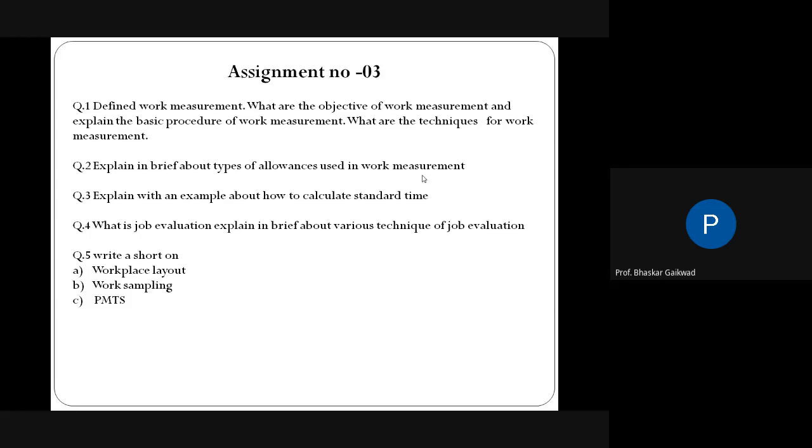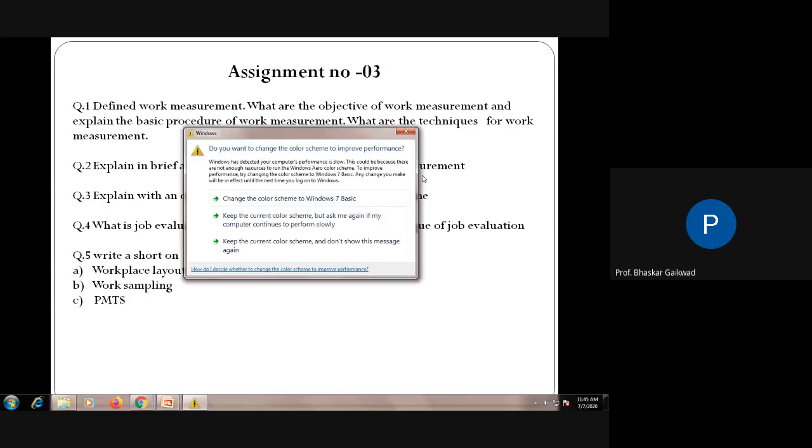Explain with examples how to calculate standard time. So you can take any job, for example, a job in our workshop. How much time is required, by considering all types of allowance, that you have to decide. Here, once we calculate the standard time, accordingly we are going to pay money to the workers.